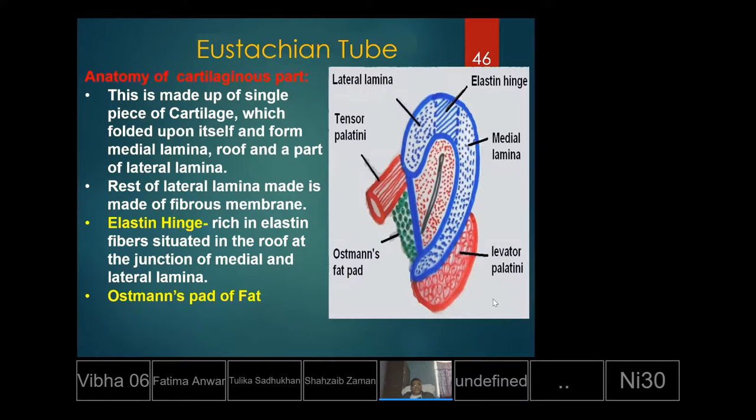Now the anatomy of the cartilaginous part. This cartilaginous part is made up of a single piece, which is folded upon itself to form the medial wall, roof, and partially the lateral wall of the tube. Then the roof, and finally the lateral lamina, that is partially covered, and the rest of the lateral wall is formed by fibrous membrane.